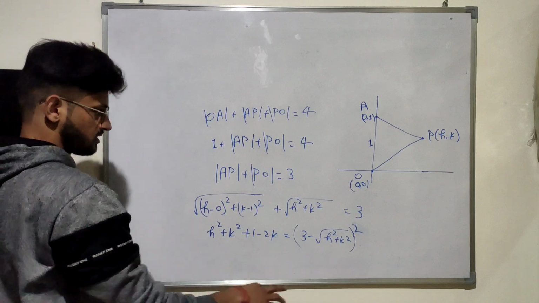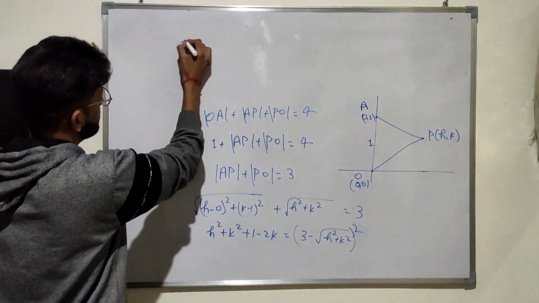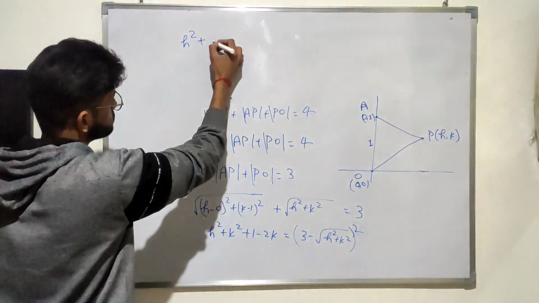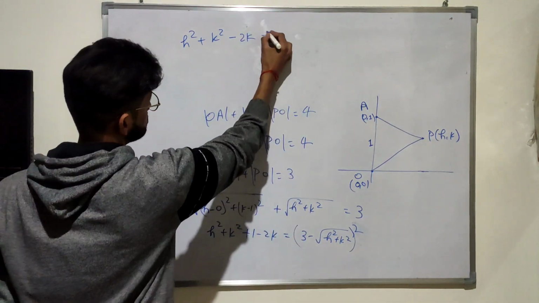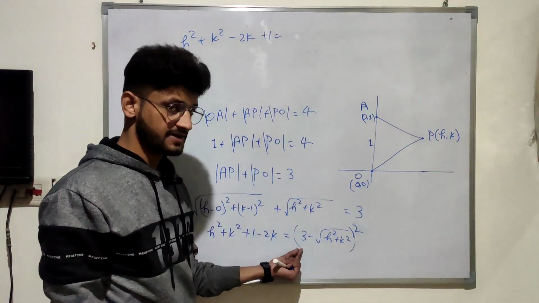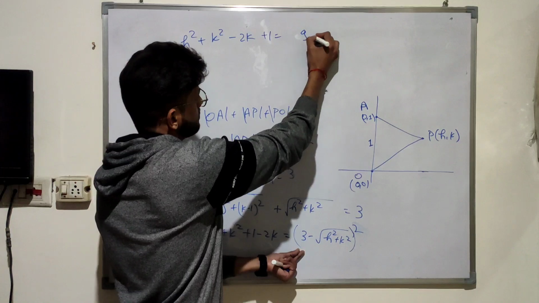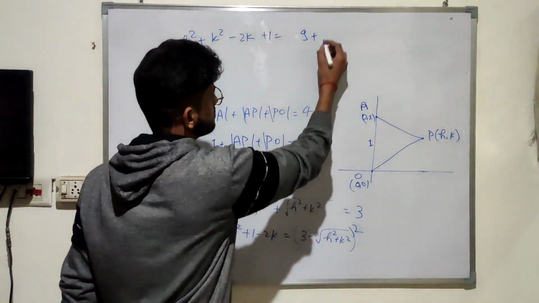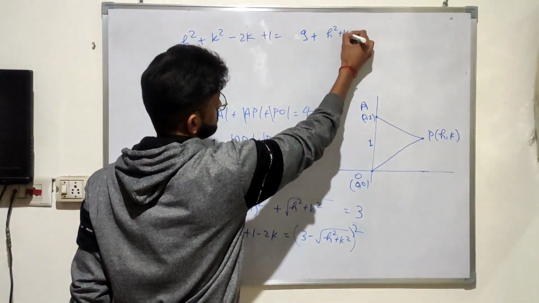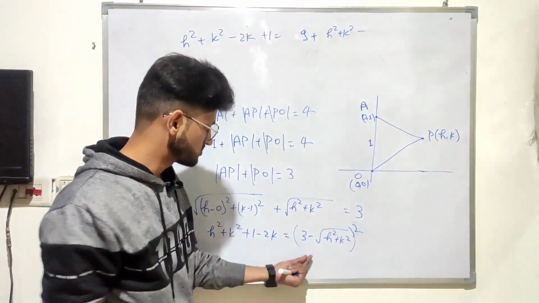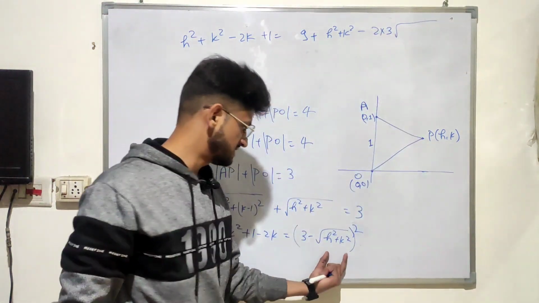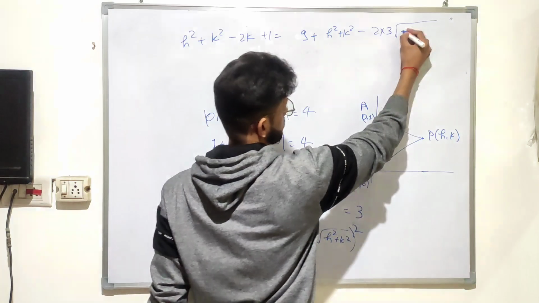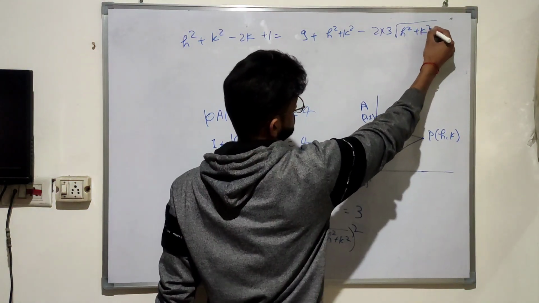So here, after solving, we will write it as H square plus K square minus 2K plus 1 equals A square, that is going to be 9, plus B square, which is going to be H square plus K square, minus 2AB, which is going to be minus 2 times 3 root over H square plus K square.